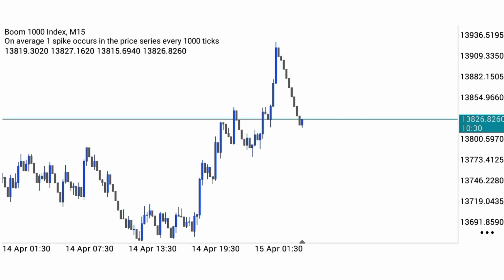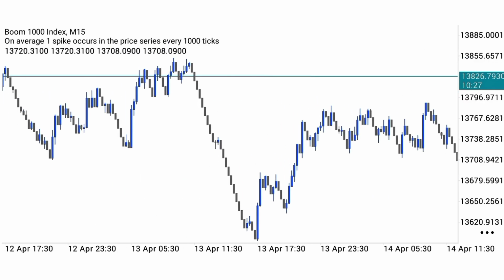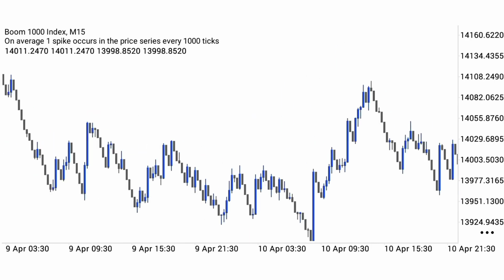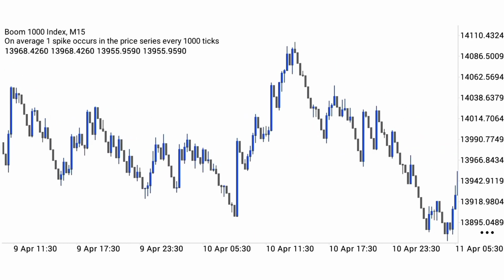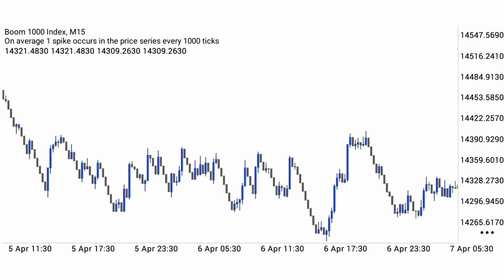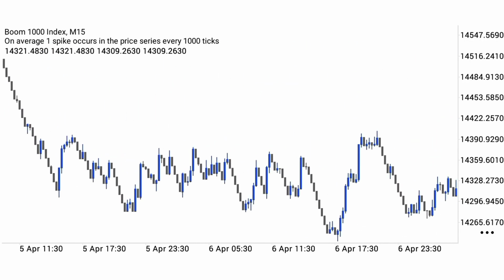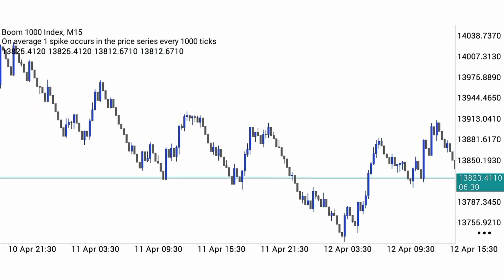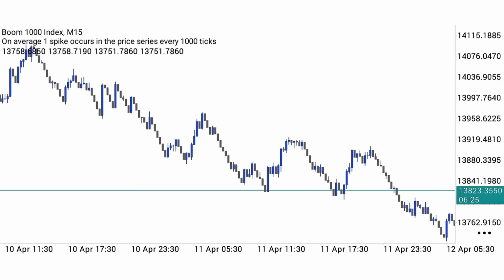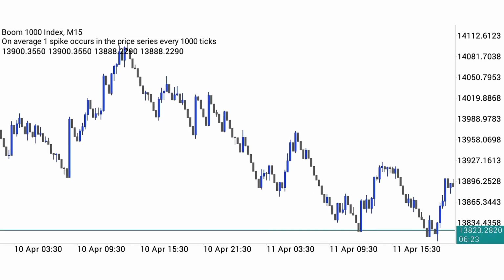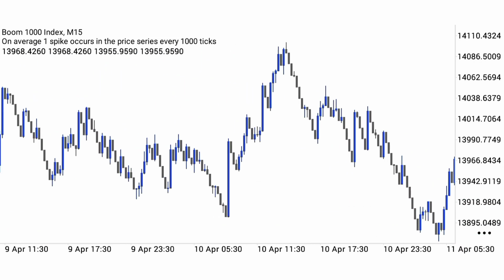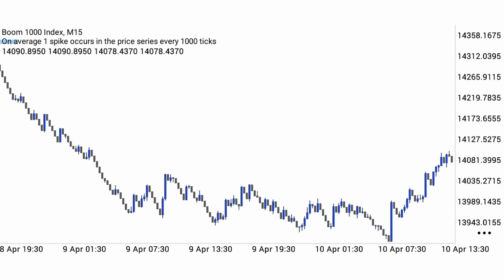So when you go down to the Boom, you see more bullish spikes. You see the bullish spikes here, a lot of bullish spikes, and you will see the bearish candles. The bears don't have much power here, so you will see them moving in small candlesticks. That tells you that they are not in their zone, so you will not see them moving in big candles, because right here we have Boom.